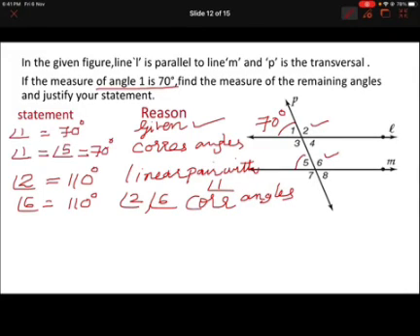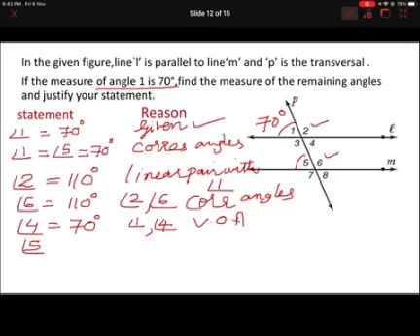Then I'll write angle 4 is 70 degrees. I told you we can give many reasons, children. Angle 4 I have written as 70 degrees. I can say 1 and 4 are vertically opposite to each other. Angle 1, angle 4 are vertically opposite angles. So they are equal.